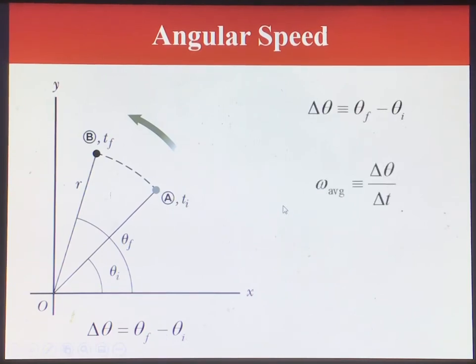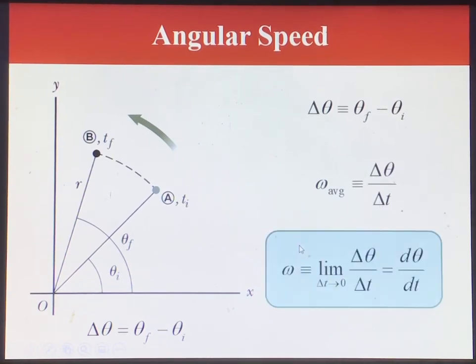Then I can also use that to calculate the average angular velocity. This quantity right here is called the angular speed. The average value of the angular speed is just the change in the angle divided by the change in time. Now we can also define the instantaneous angular speed.